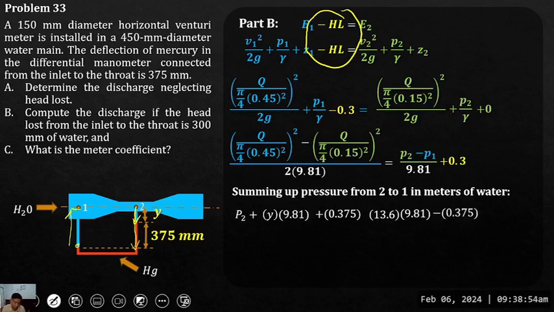Diba? Or pwede na yung isa-isahin. So, negative 0.375 ulit. Hanggang dito na point. Tapos, akyat ka ulit ng konti. Minus y times yung 9.81. And equals P1.